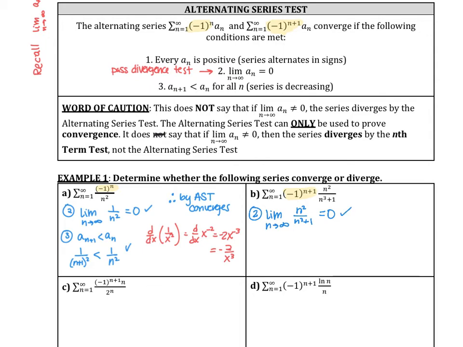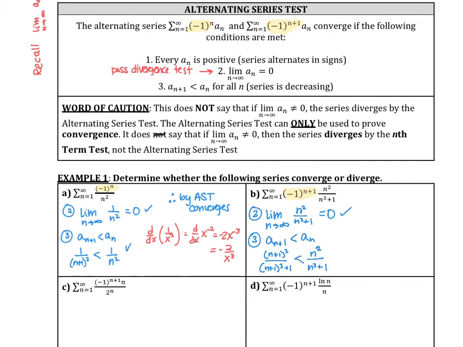Now we need to prove the third condition is met, and I need to show that any term is less than the term before it. So if I use n plus 1, can I say it is less than n squared over n cubed plus 1? If I plug that in, can I say this is true? And the answer is yes, I can say this is true.